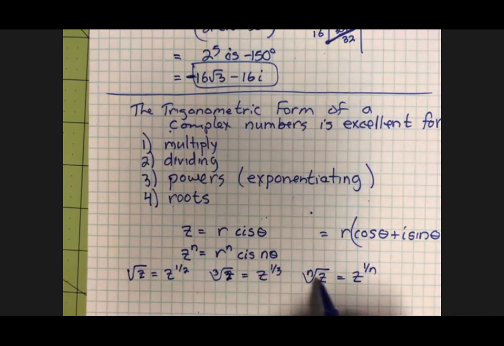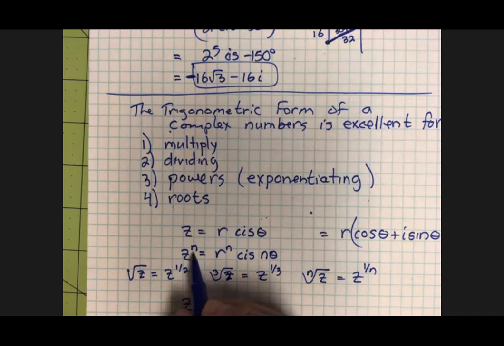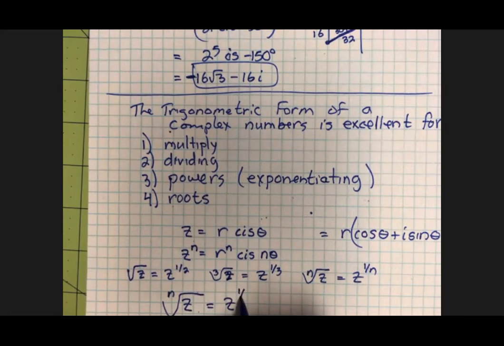The nth root is the 1/n power of a number. So if you use the format for raising things to a power, then the nth root of a complex number is the nth root of the radius times the cosine plus i sine of theta divided by n.